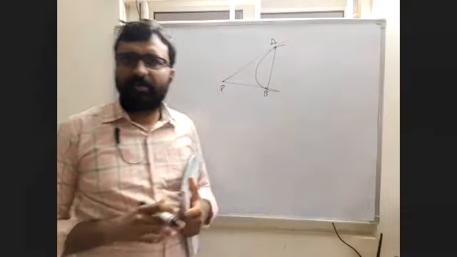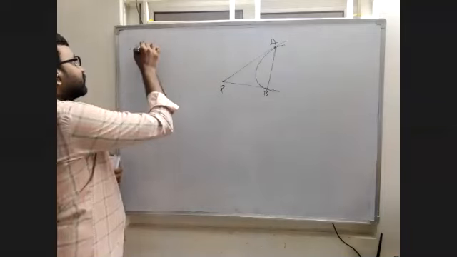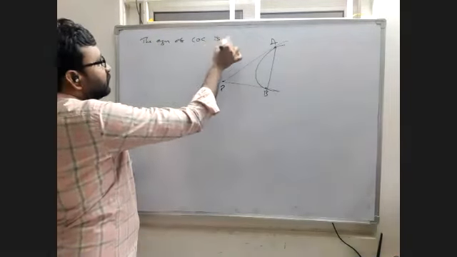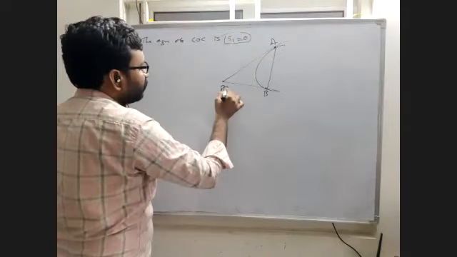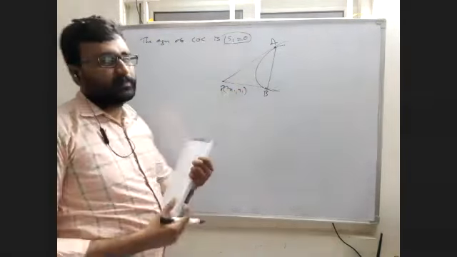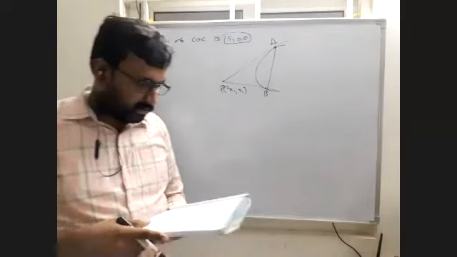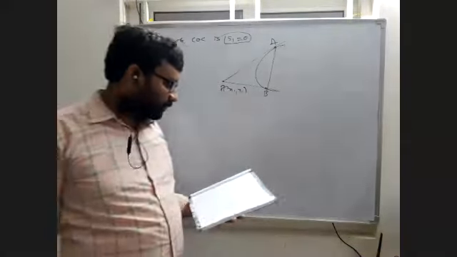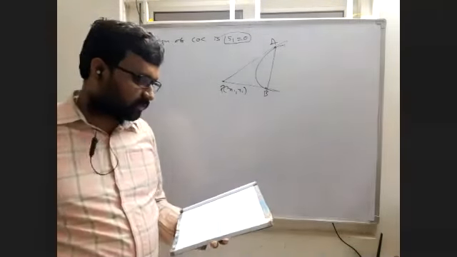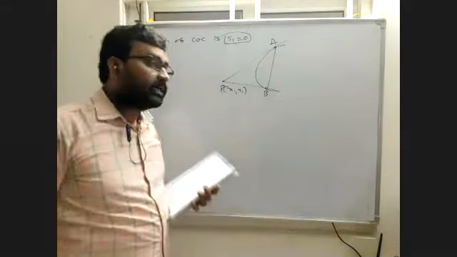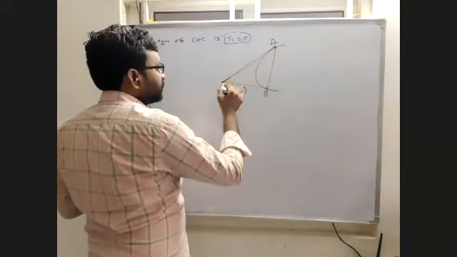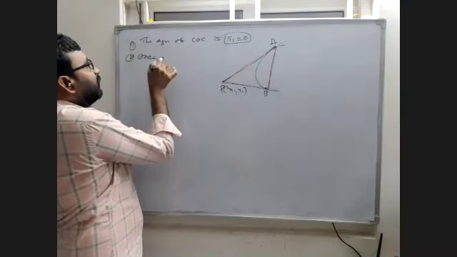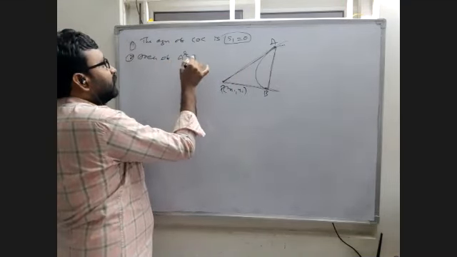And the equation of the chord of contact is S1 equal to 0 at the point P(x1, y1). Next, the area of the triangle formed by the tangents from a point P(x1, y1) to the parabola and its chord of contact, that is the area of triangle PAB.